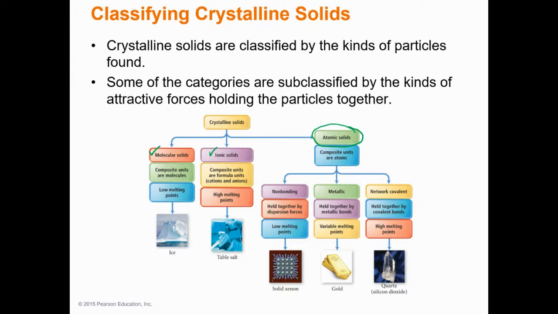When we talk about molecular solids, we have pretty low melting points. And if you remember, melting points are affected by those intermolecular forces that we touched on in Gen Chem 1. With ionic solids, that's a metal and a nonmetal, and the molecular ones are all nonmetals. And again, the atomic would be just individual atomic elements, something like solid gold.